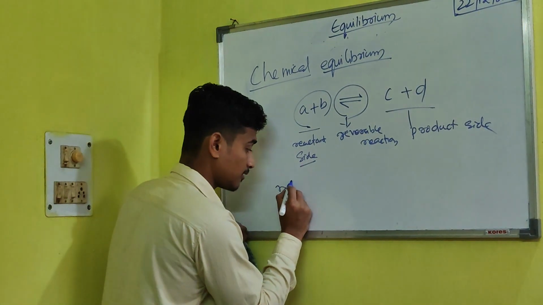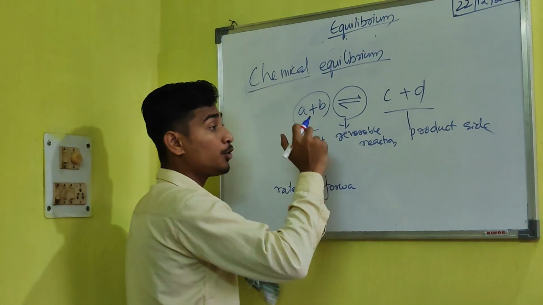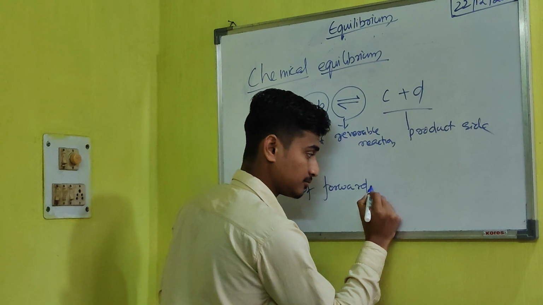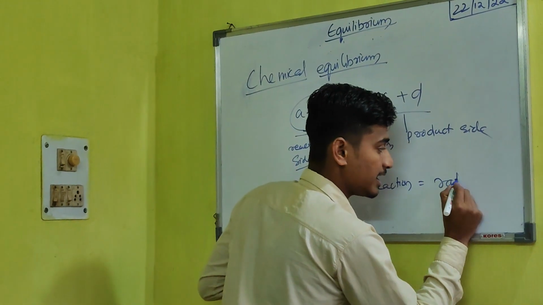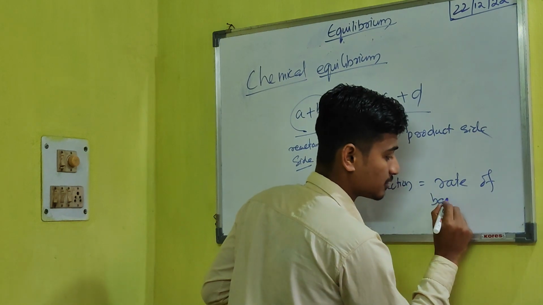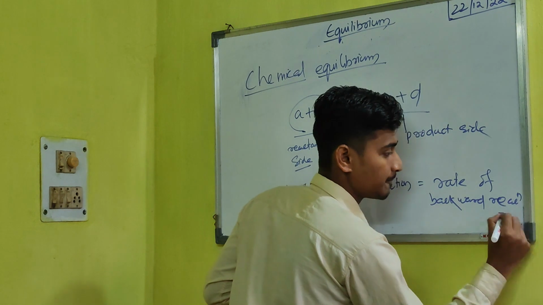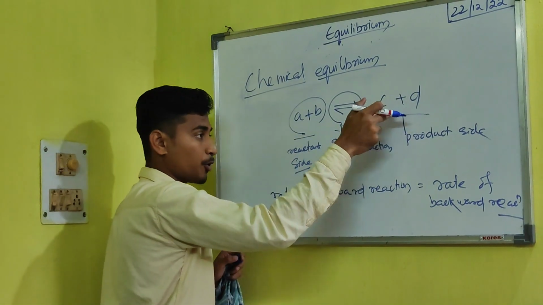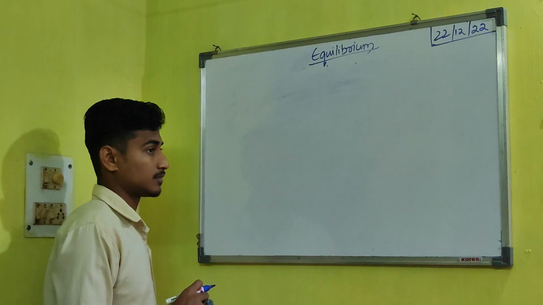It means the rate of forward reaction, forward meaning reactant to product side, is equal to the rate of backward reaction, backward meaning product side to reactant side. That is known as chemical equilibrium.